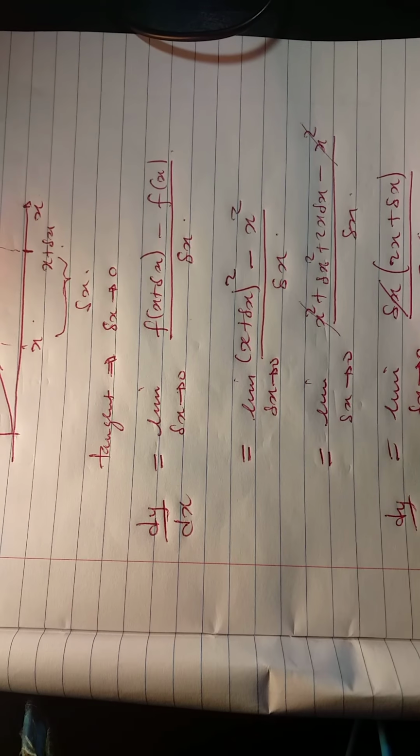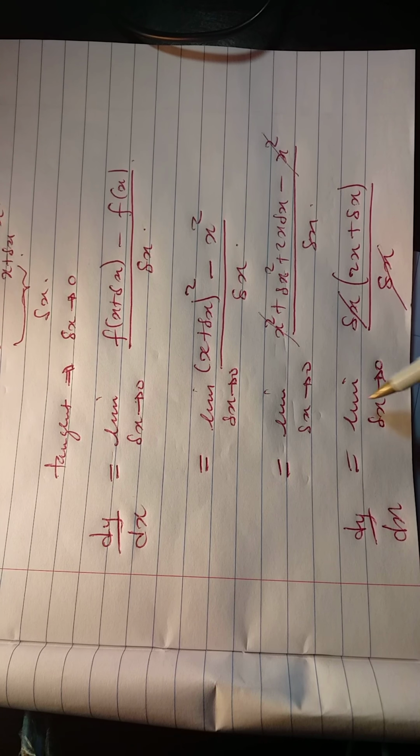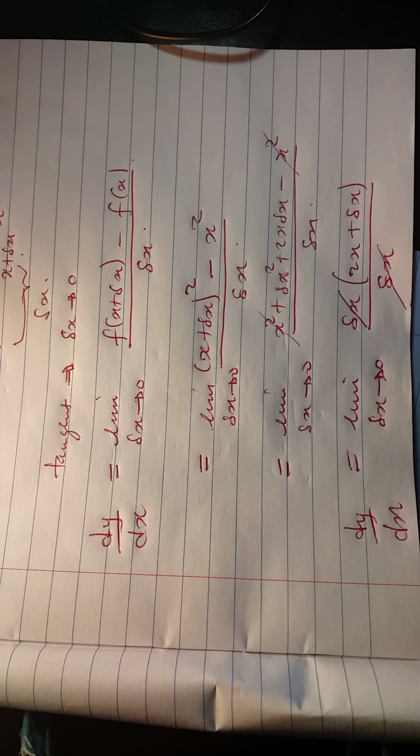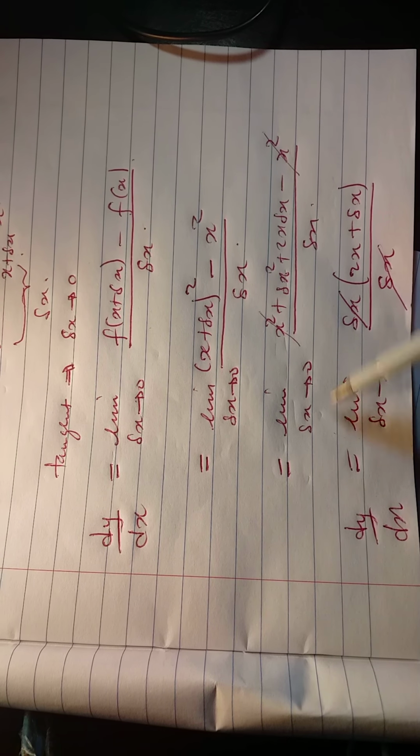So dy dx, which is your gradient, for this particular function is going to be given by the limit as delta x gets to 0 of 2x plus delta x. And by saying limit as delta x tends to 0, delta x is insignificant enough, just as good as 0, and that's what we are saying here by limit.